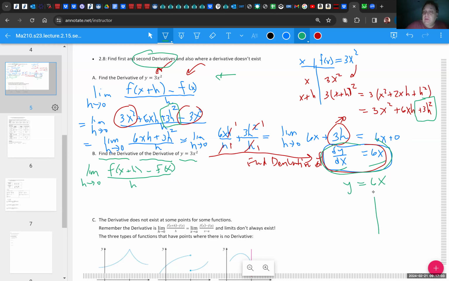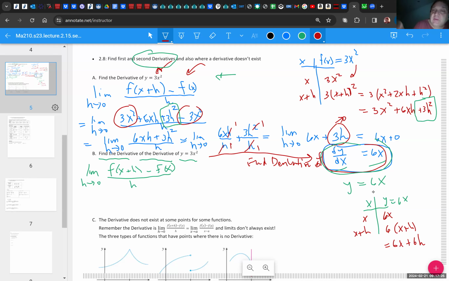Okay, so now I have x and I have y equals 6x. And I'm going to be still plugging in the values x and x plus h. When I plug in x, I get 6x. When I plug in x plus h, I get 6 times x plus h, which just simplifies to 6x plus 6h.